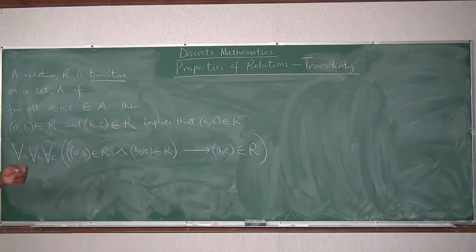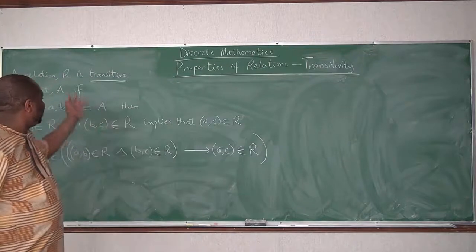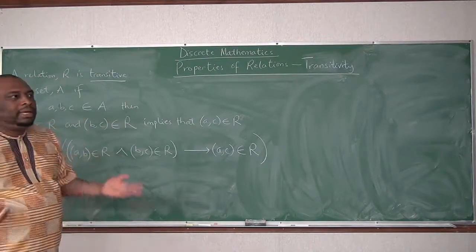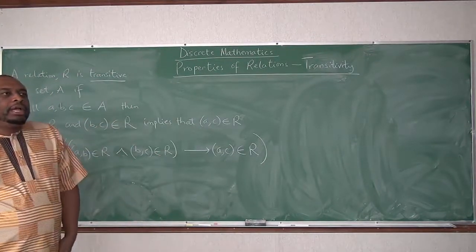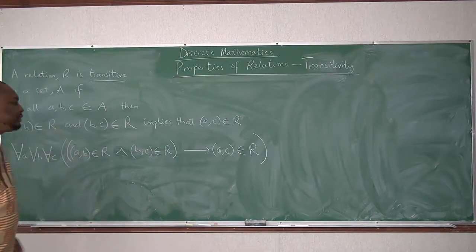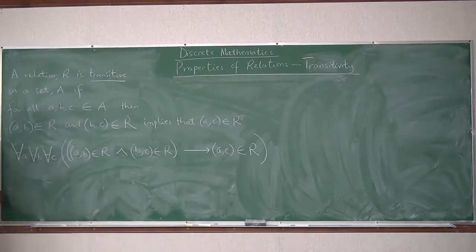Another way you can define this, this is one definition, this is another definition in predicate logic. You can also say that for all A, B, C, so let me just mark an asterisk on this.